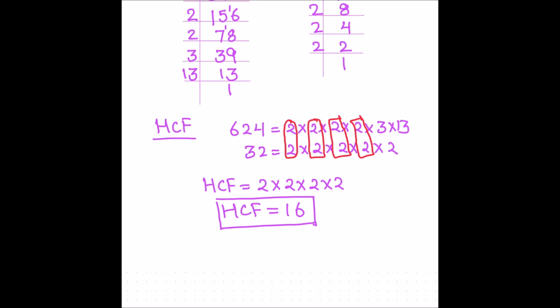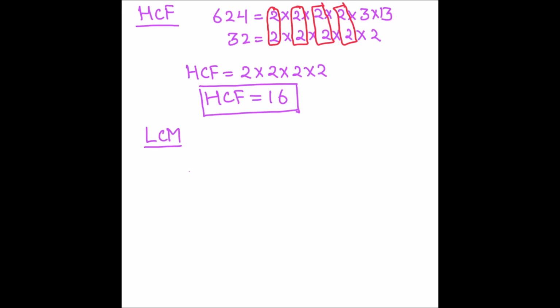Now let's find the LCM of the two numbers. For finding the LCM, we are going to write the factors once again. So 2 times 2 times 2 times 2 times 3 times 13 are the factors of 624. Let's write it in exponents form. So that will be 2 raised to power 4 times 3 times 13.